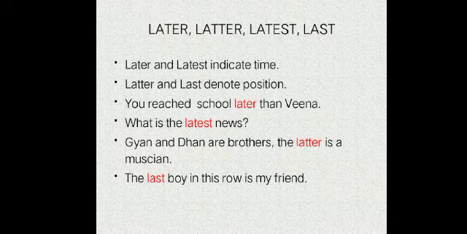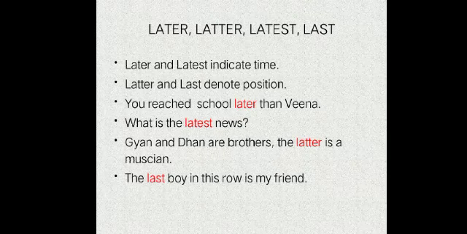So here Dhan is the latter one. So that is why we are saying it shows position. The last boy in this row is my friend. The last boy in this row, so it also shows the position. The last boy. I hope you got it.